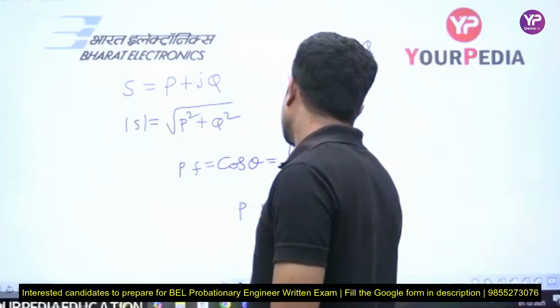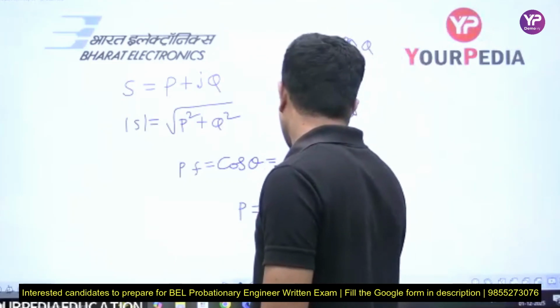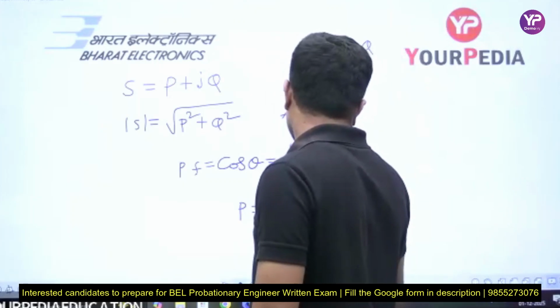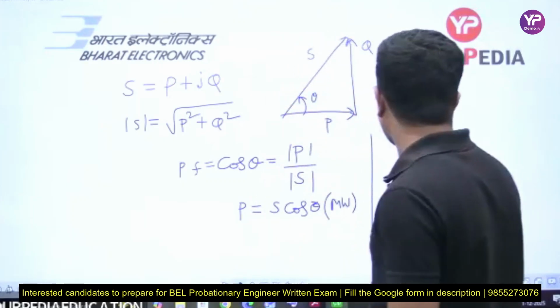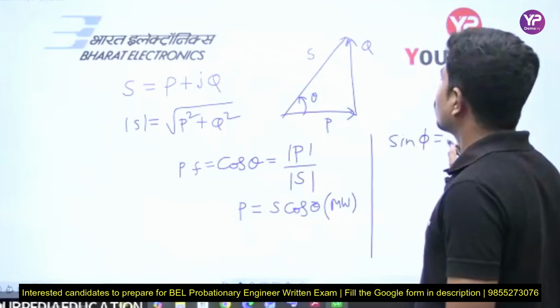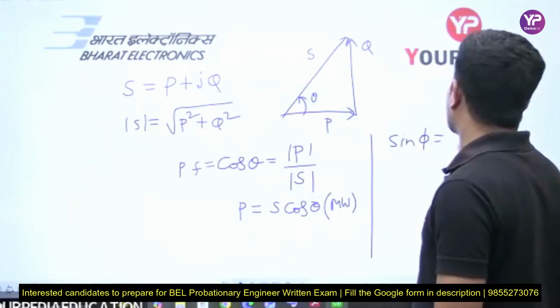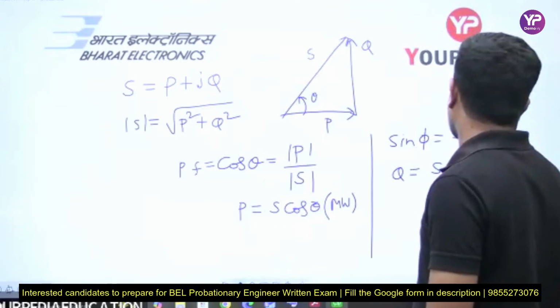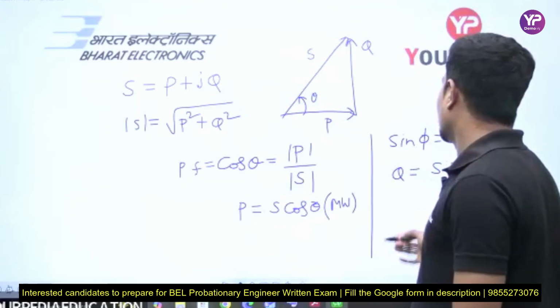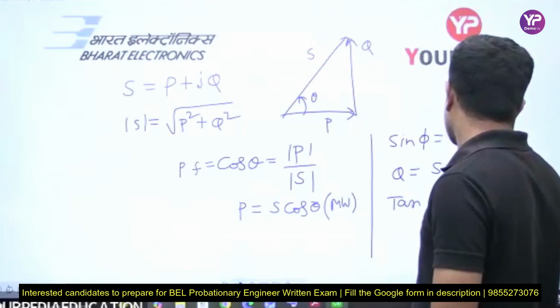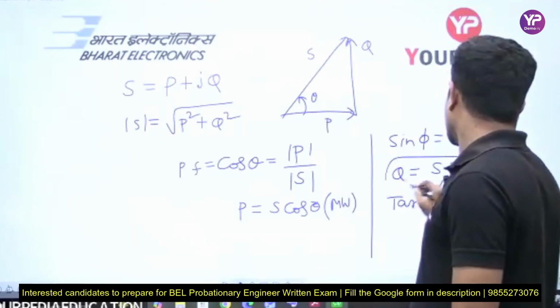Now from this, P is equal to S cos theta, which you have to remember. This is in megawatt. Now sin phi is equal to the opposite side Q divided by S, so Q is equal to S sin phi. Q is reactive power.